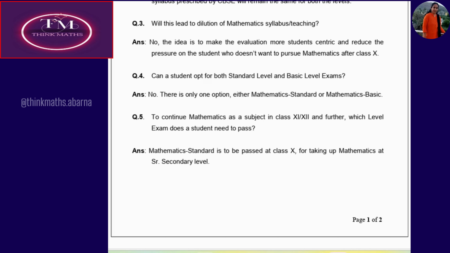Next, question number 5. To continue mathematics as a subject in class 11 and 12 and further, which level exam does a student need to pass? If you are continuing mathematics in class 11th and 12th, you have to choose mathematics standard. Mathematics standard is to be passed at class 10 for taking up mathematics at the senior secondary level.